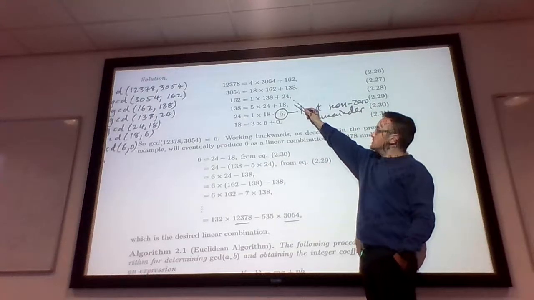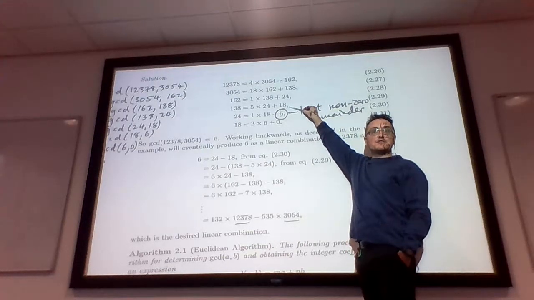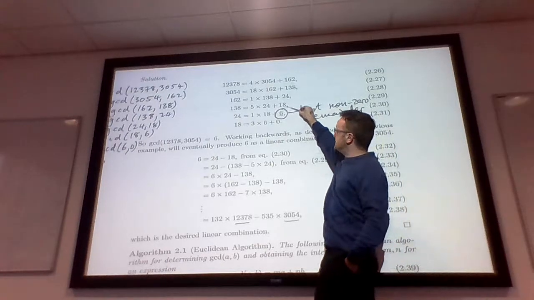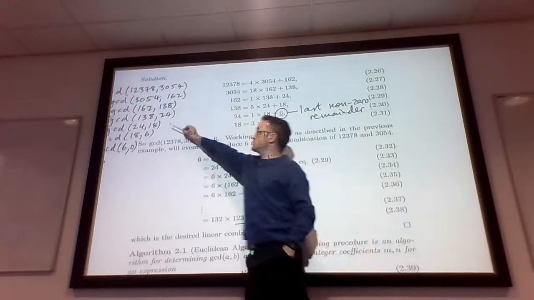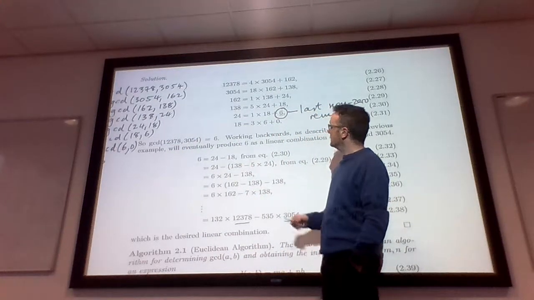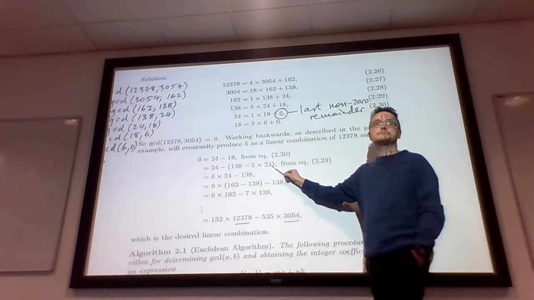So we can take the previous integer division with the remainder and use that to express 18 as a linear combination of 138 and 24, one of the previous pairs. So we can replace the negative 18 here with 138 minus 5 times 24.